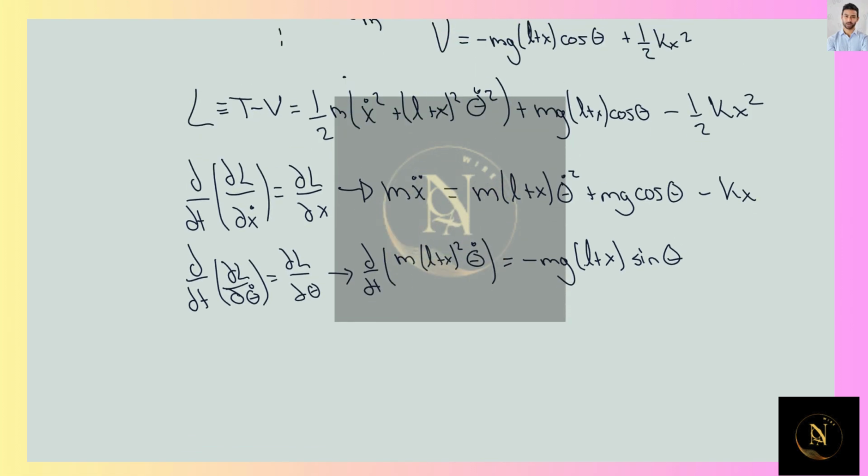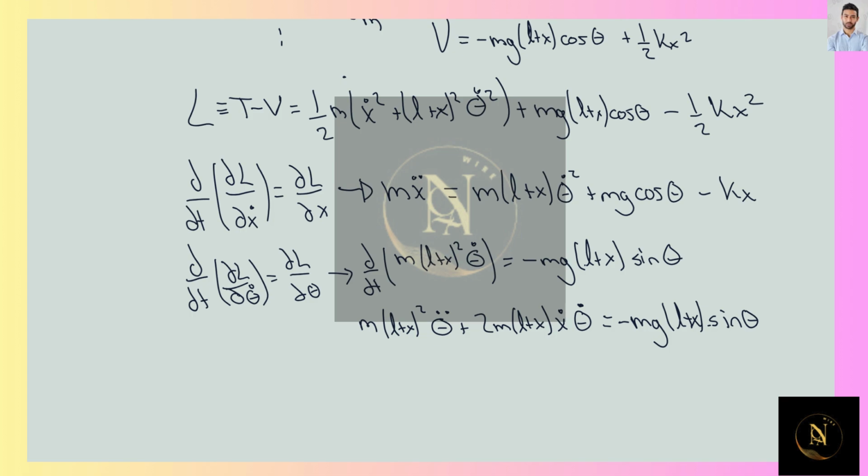Next up, we can apply the chain rule directly here: m (L plus x) squared theta double dot plus 2 times m (L plus x) x dot theta dot, and this is going to be equal to the same thing, minus mg (L plus x) sine of theta.